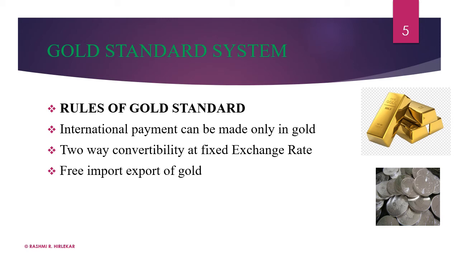It means that central bank of the country has to make payment of gold against currency or has to make payment of currency against gold, but it was at fixed exchange rate. And third one, free import and export of gold was there. All these three rules create certain effect on the economy and gold standard collapsed. It started collapsing after 1914.